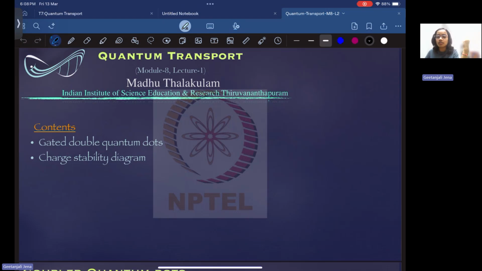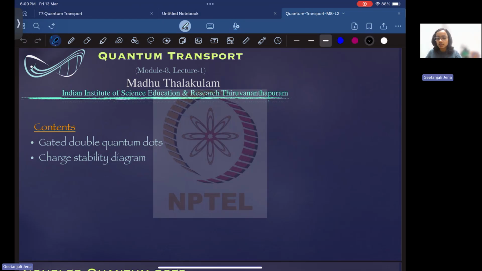There we have seen the effect of single electron charging, where we have current oscillation, which we call the Coulomb blockade oscillation, because of this single electron charging effect.